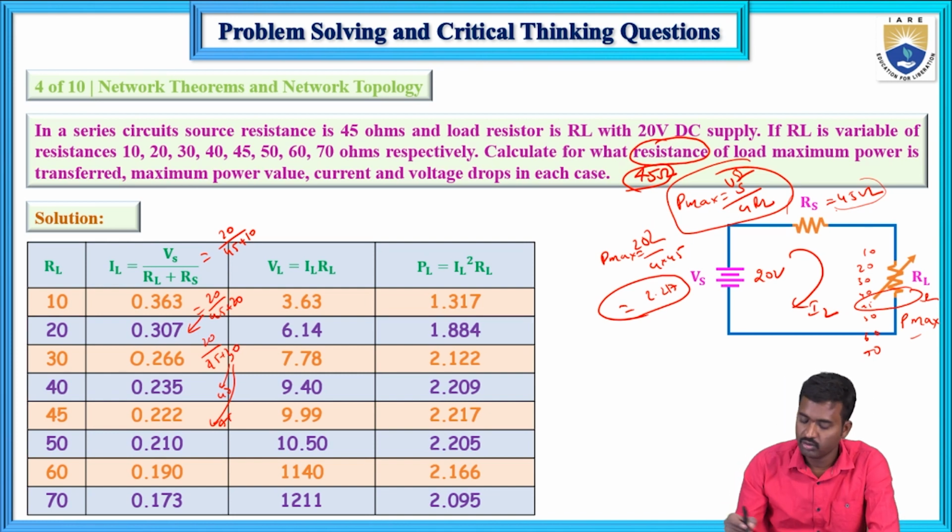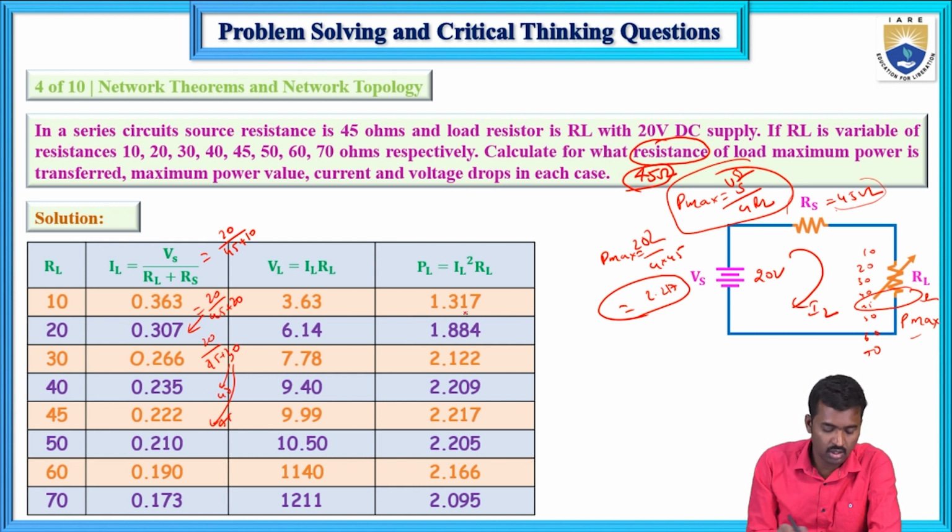Now what about voltage? If you know this current, then you can determine the voltage across the load resistance. Multiply with 10, so that is 3.63. Then 0.307 into 20 equals 6.14, and the third one multiplied with 30 gives 7.78, then 9.40, and this one 0.222 into 45 is 9.99.